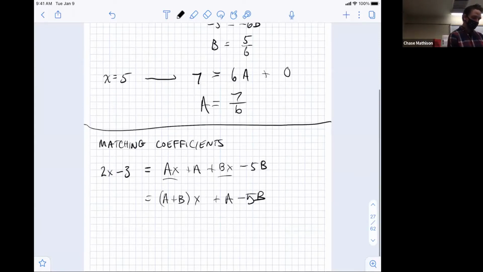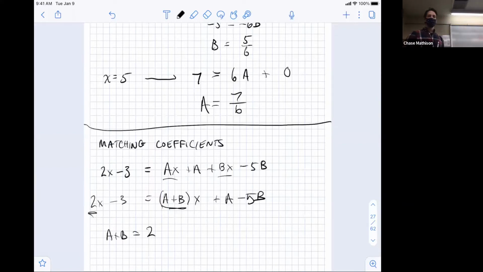So I match the coefficient on the x. Again, these have to be equal to each other for every x. So that means the coefficient on the x has to be the same as the coefficient over here on the x. So that means a plus b has to be equal to 2. And that also means the constant has to be the same. So a minus 5b is equal to minus 3.